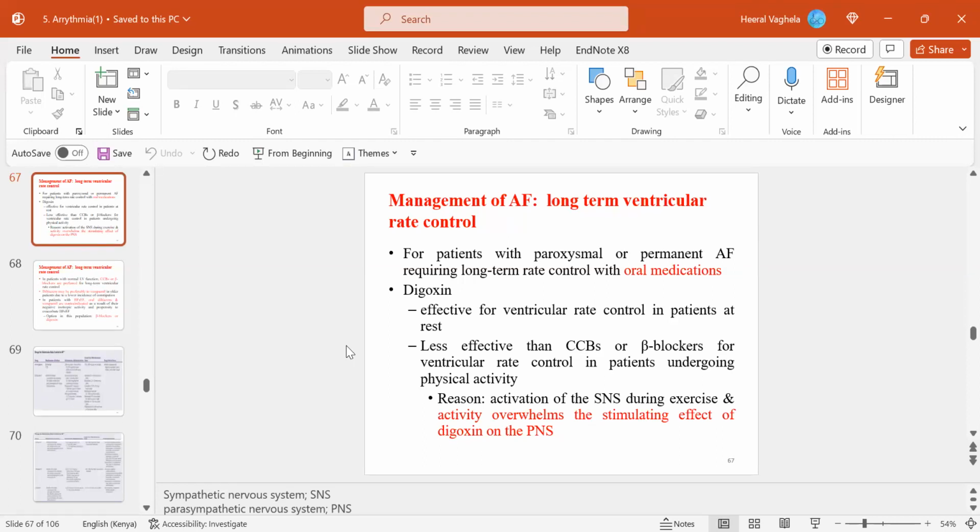Yeah, so if the patient is undergoing any physical activity, then you consider beta blockers or calcium channel blockers. But if the patient is not going through any physical activity, then digoxin would be okay to give.